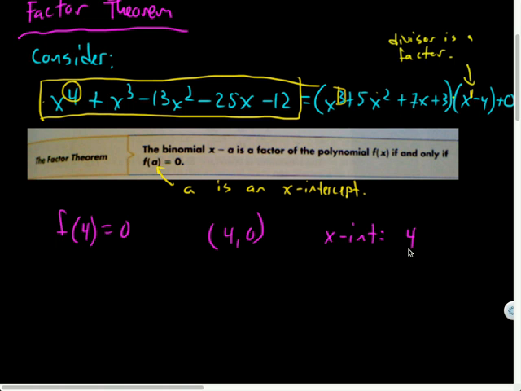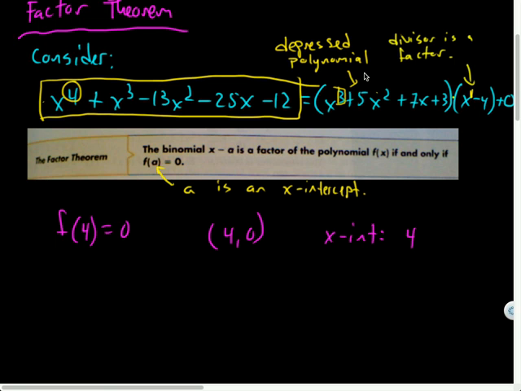What's interesting is that this other polynomial, my quotient, has the other 3 x-intercepts. We call that polynomial a depressed polynomial.